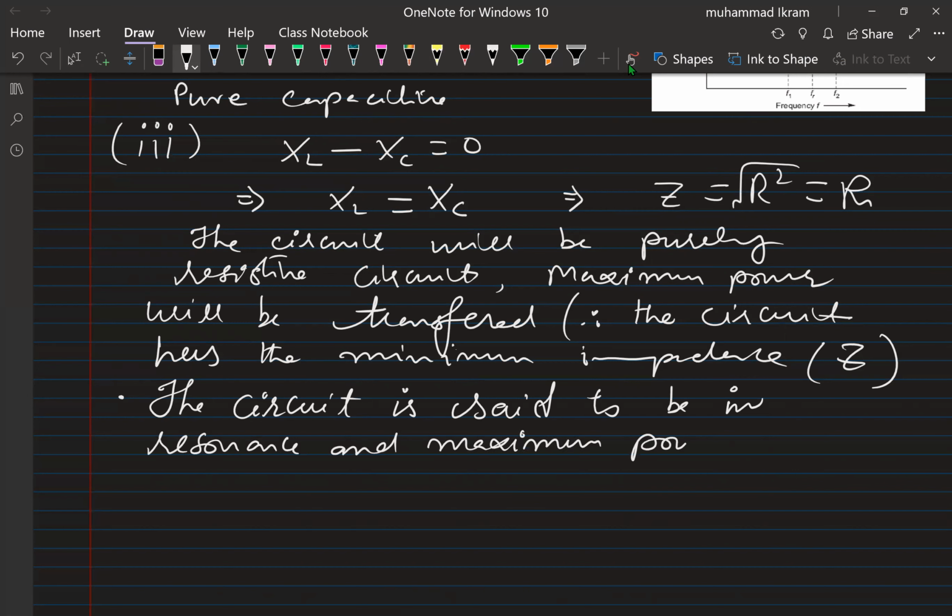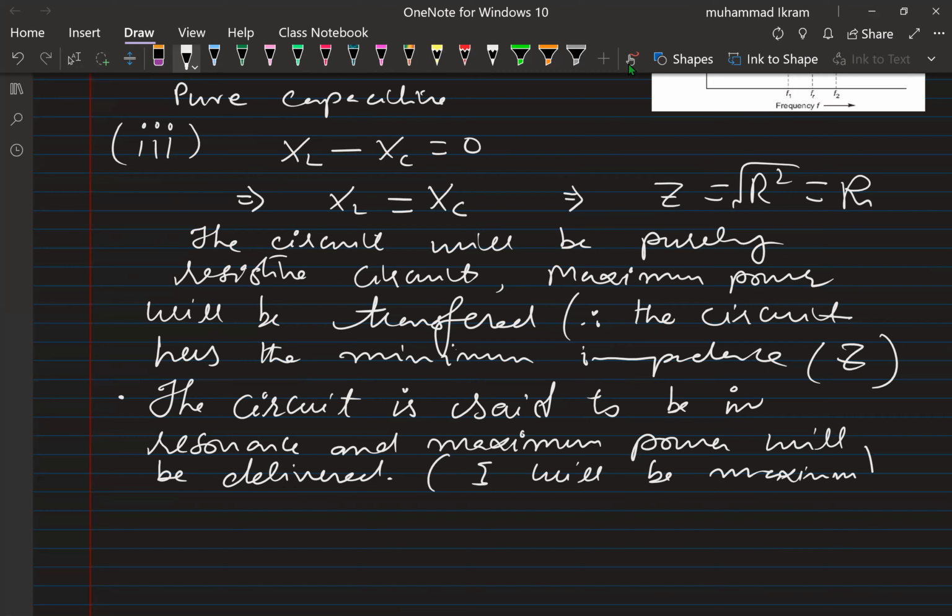Maximum power will be delivered. In this case, I will be maximum. Current will be maximum. Why? Because the impedance is minimum.